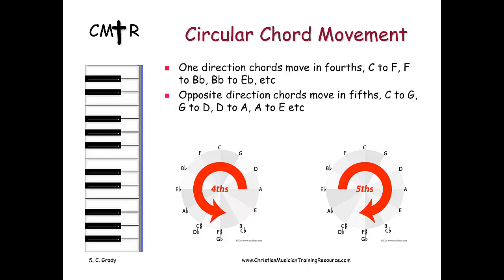What I was going to say was all the notes in the key signatures, because you can also use the circle to identify the order of sharps and flats. For instance, when you're moving in fifths, you're moving in the direction of adding sharps. So as you go around the circle to your right, you would be adding sharps.